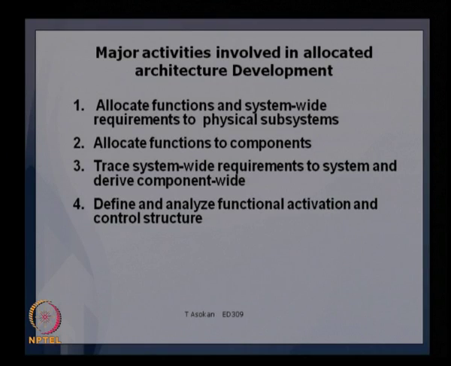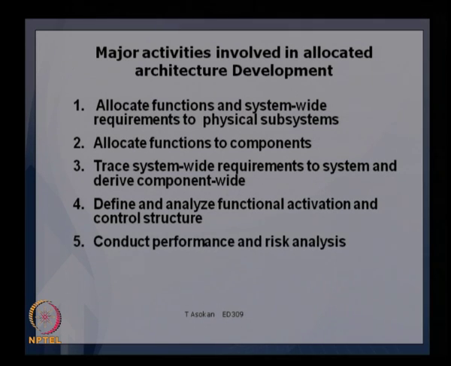So, we will try to identify the activation functions or the signals as well as the control structure of the function in this stage. That is also included as part of the architecture development, and then conduct performance and risk analysis. What are the risks involved, which are the elements of higher risk, how do you distribute this risk, or how do you identify the element which is of high risk in a particular operation.